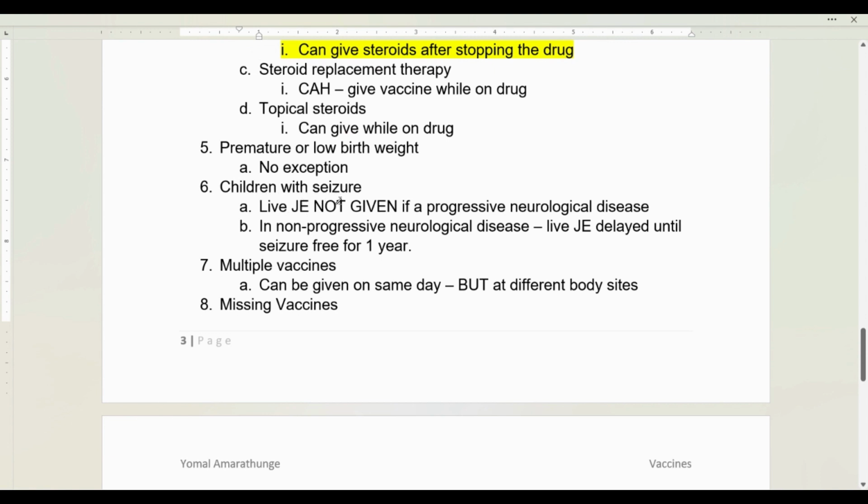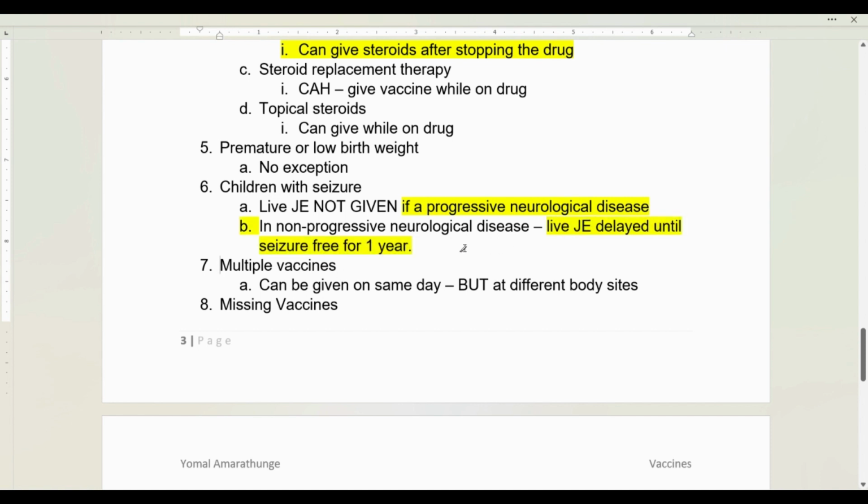If the child has a seizure, live vaccines, especially live Japanese encephalitis, are not given if a progressive neurological disease is there. But if there is no progressive neurological disease, we can give live JE delaying only 1 year.